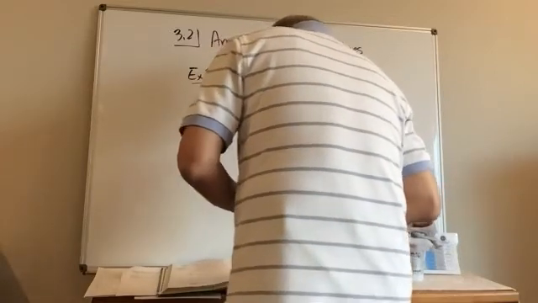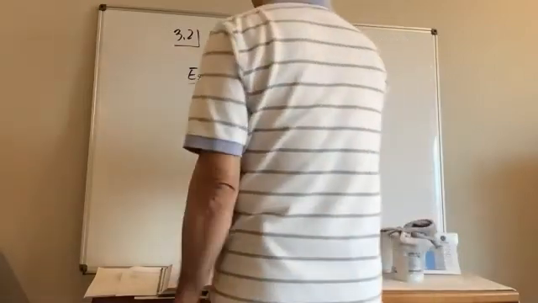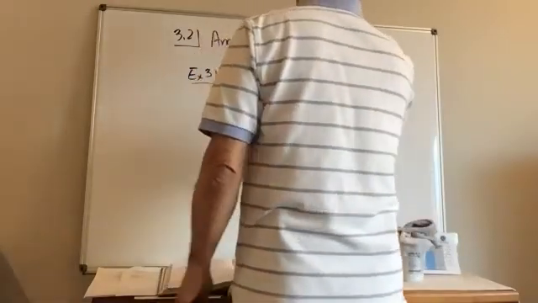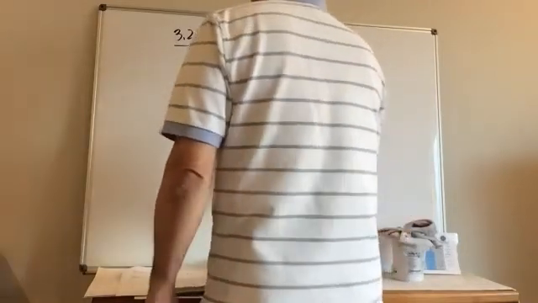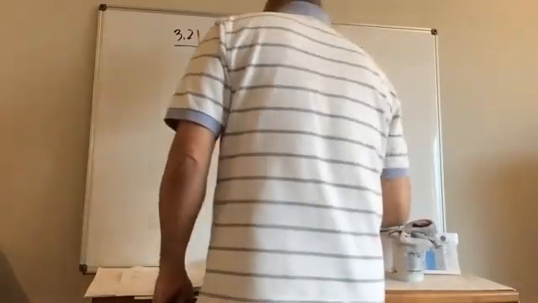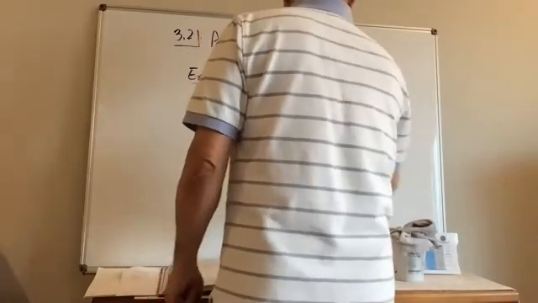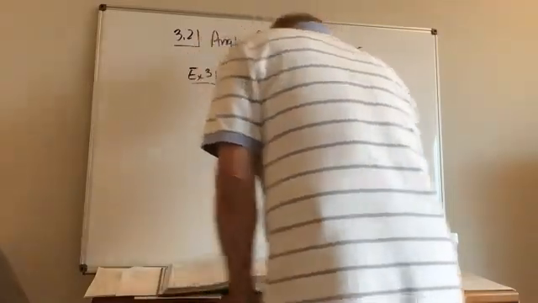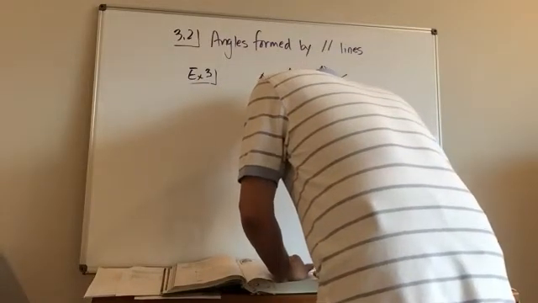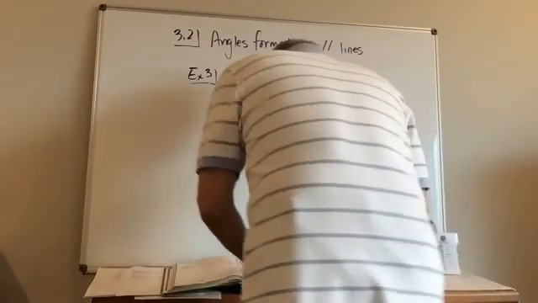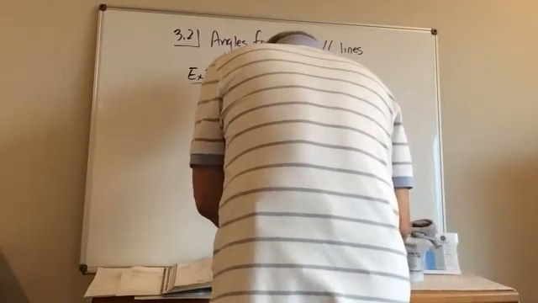Okay, so we have 3 separate parallel lines here. Then we have one line that looks like this, and we have another line that looks like this. Find the X and Y in the diagram.